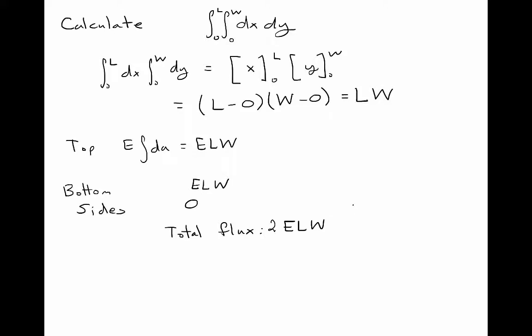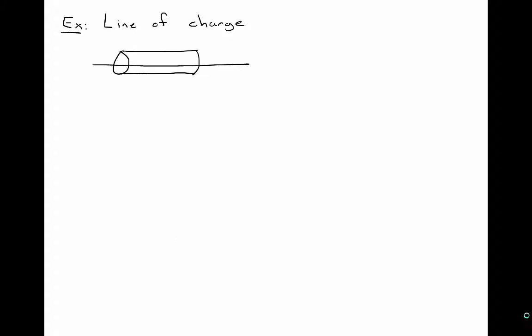Okay, let's do another example. Alright, let's go back and look at the situation where we had a line of charge. So our surface is a cylinder. So the top and bottom of the cylinders have dAs going outwards. And then the dA from the side of the cylinder goes in the s hat direction.